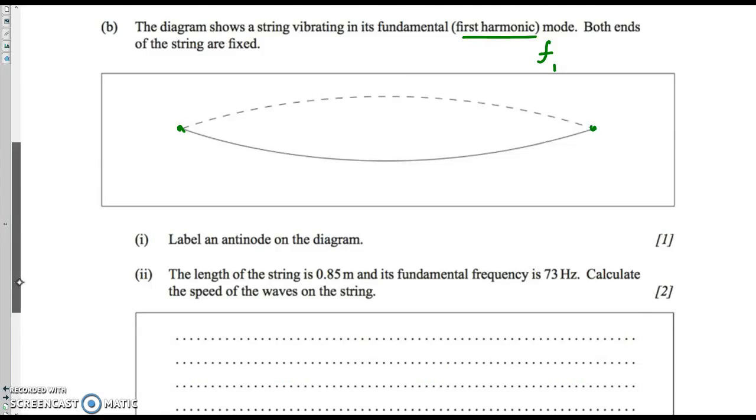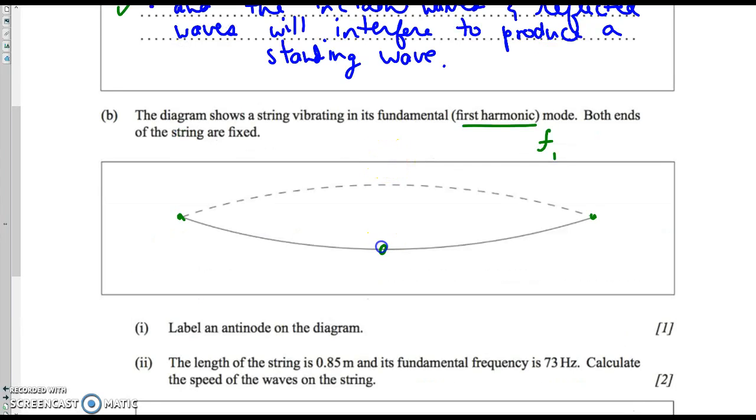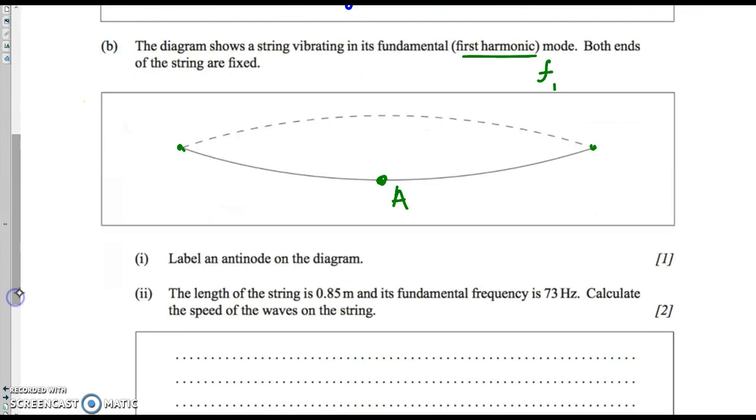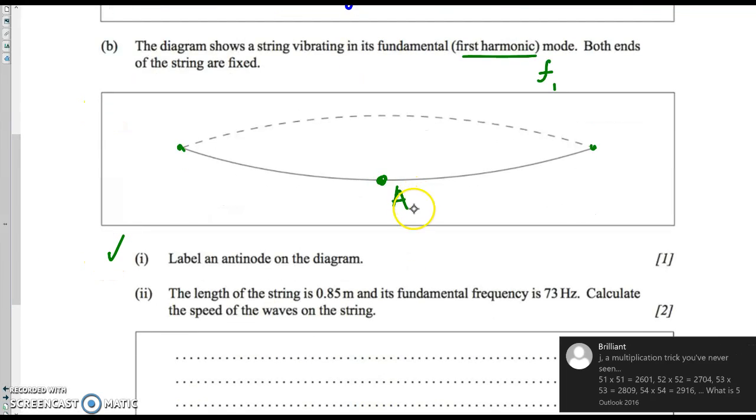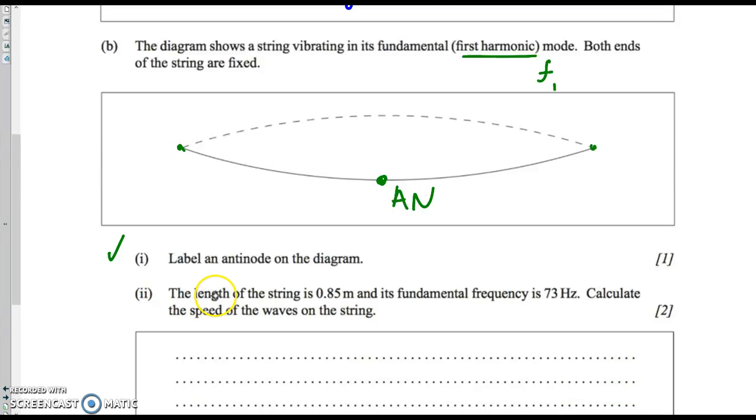Label an antinode on the diagram. An antinode is right here, because that's where the particles go really far down and really far up. A, or AN. The length of the string is 0.85 meters, and the first harmonic frequency is 73 hertz.